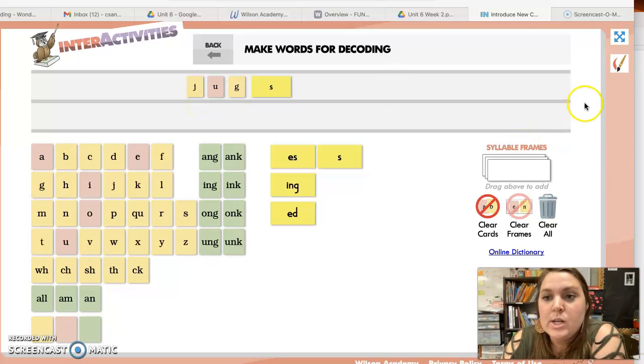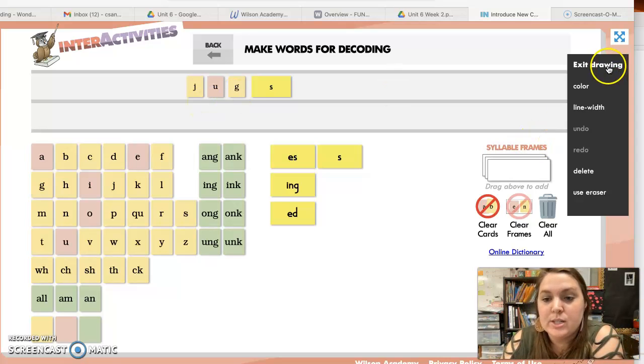All right, what do I need to mark up first? What is my base word? My base word is jug. What's my suffix? Suffix S. So I circle my suffix S. And what sound does this S make? Jugs. The Z sound, right? So I put a Z above it.